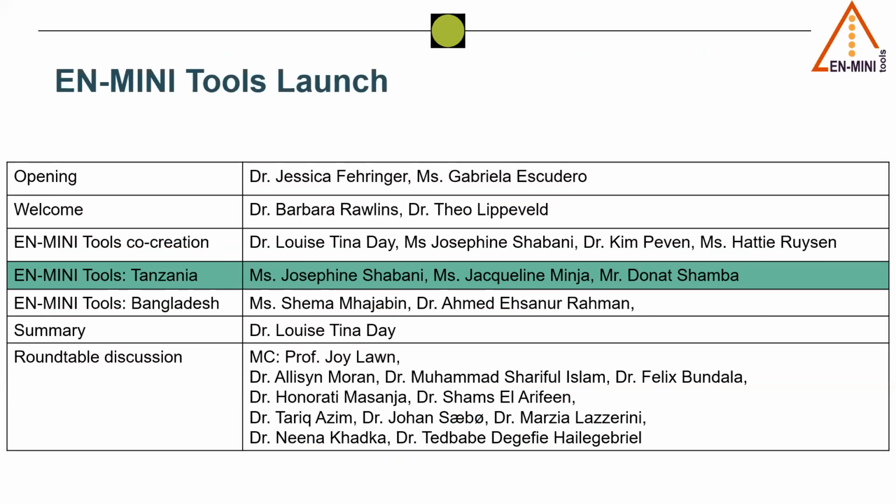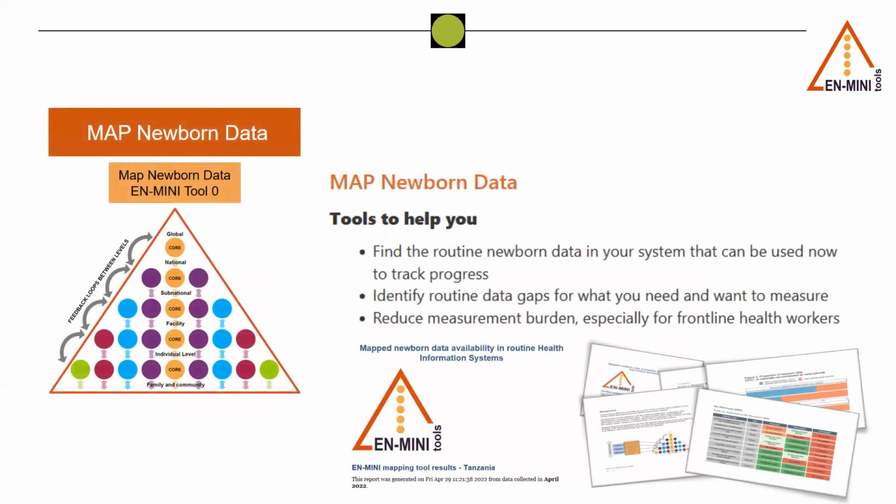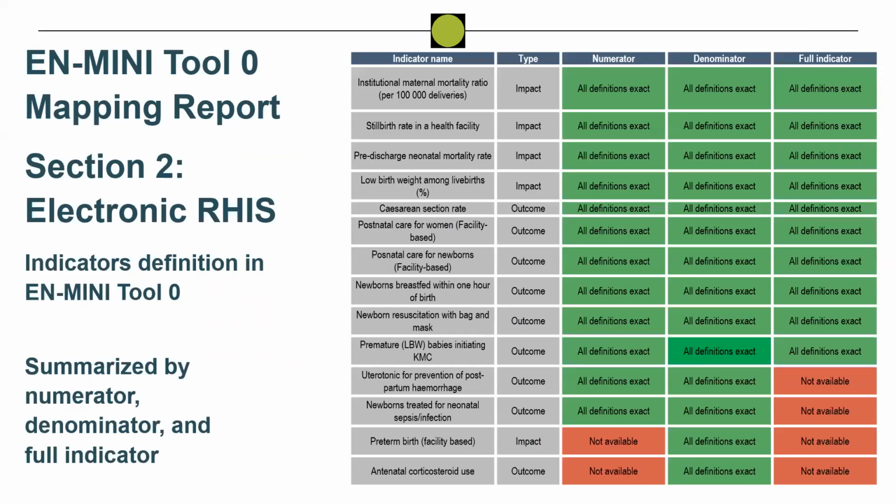Thanks, Louise. We are now going to show you some of the results from the EN-Mini tools assessment in Tanzania, starting with a few highlights from the MAP newborn data, EN-Mini 2.0 reports. From section 2, here is the table for Tanzania.